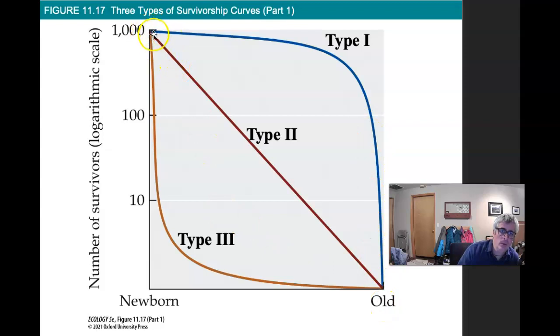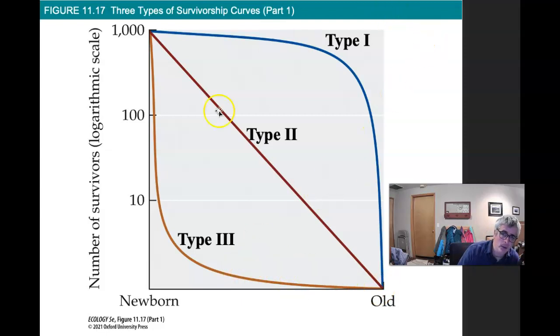Type 2, your chance of dying is the same throughout your entire life, from when you're quite small to when you're quite old. You basically have a fixed chance of being killed. Type 3, when you're very young, you are very much likely to die. Once you get to a certain size threshold, you can live for quite a long time.